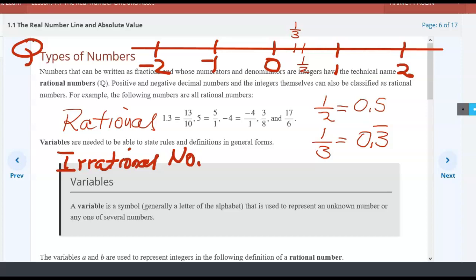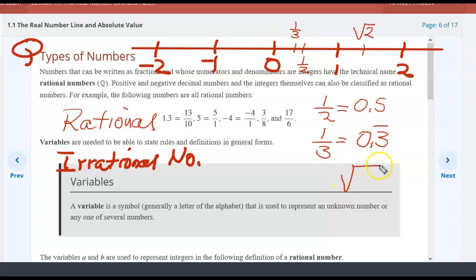And what would be examples of these? Well, just about here, a little less than half, we have what is called the square root of 2. Now this is a radical. Radicals generally are irrational. And you might say, how come not always?